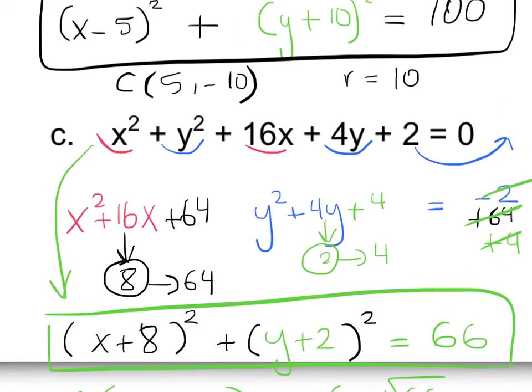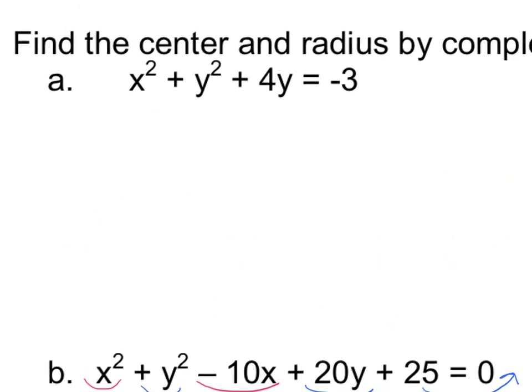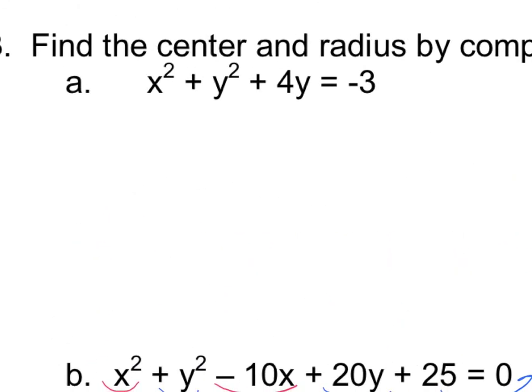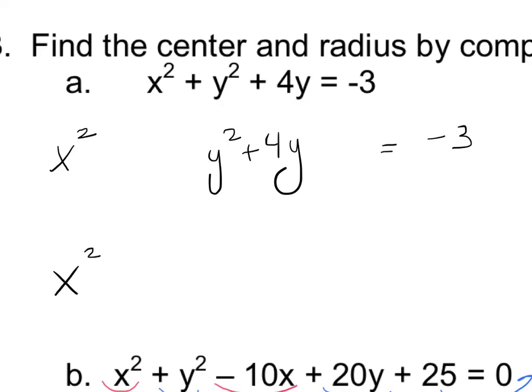Now let's do one more together, which is A, and then please try the rest on your own. So A, let's group the x's together and the y's together, and we move the number on the other side, and so already moved to the other side. Now, x squared, as you can see, is all by itself. There's no other x next to it, so that's it. You don't do anything to it. It's just x squared.